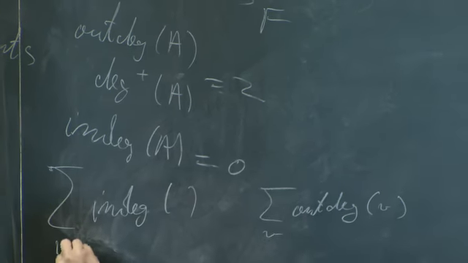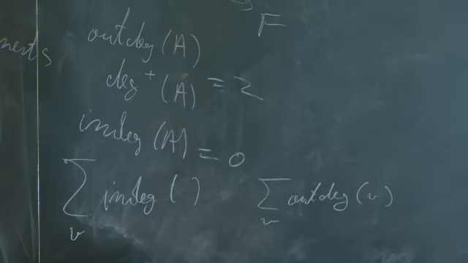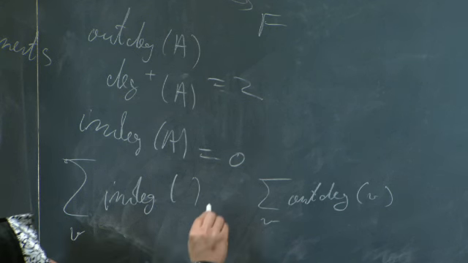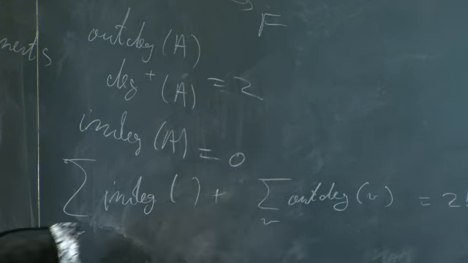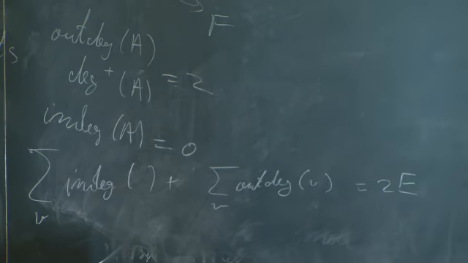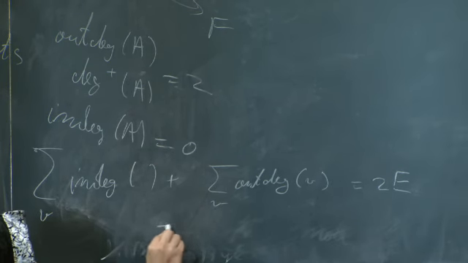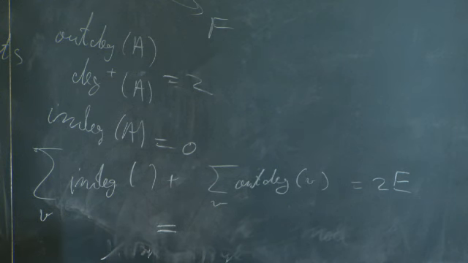Add them up. If you add them up, you will get 2 times the number of edges. That is correct. But I want something more. They equal each other. Yep, that's a bit cooler, right?